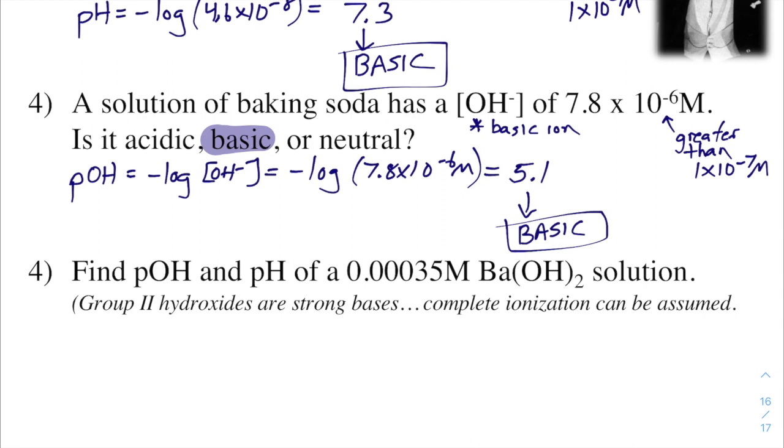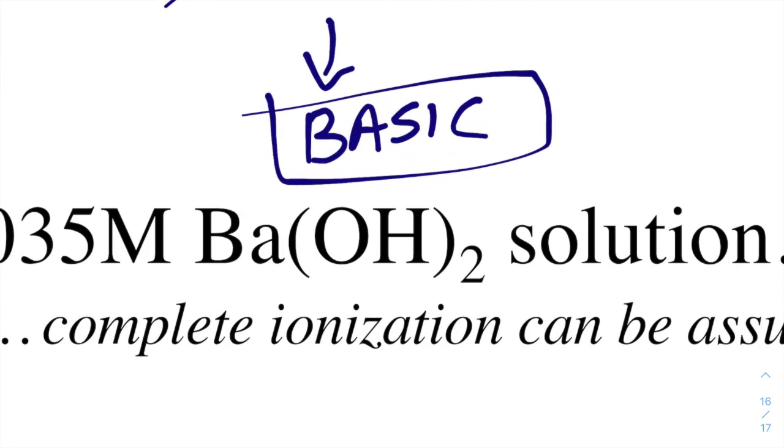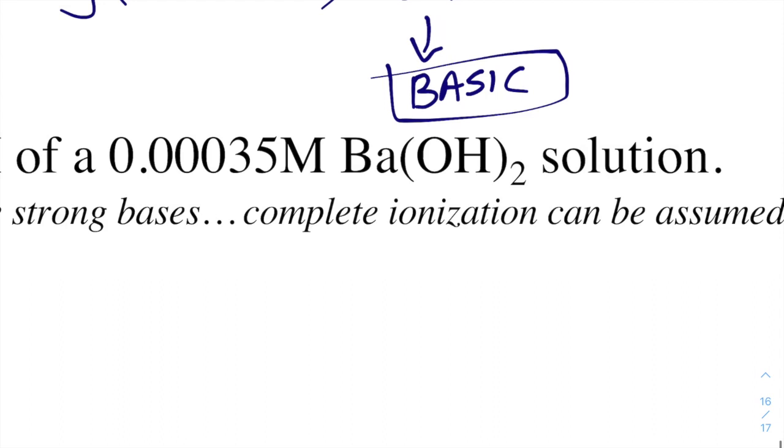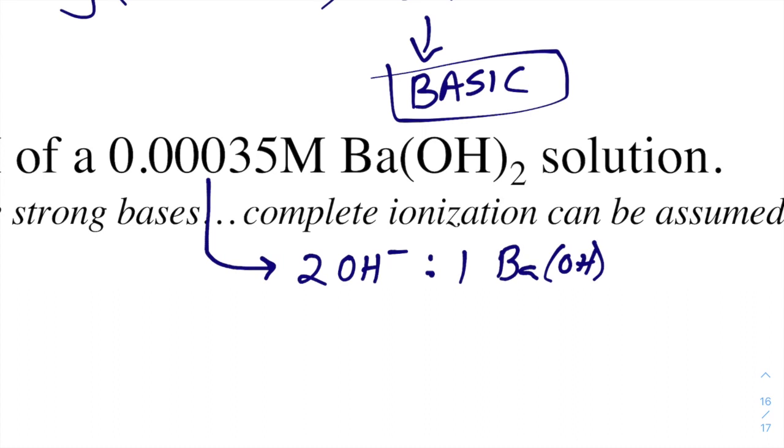When that reacts, if you notice here, you have 2 hydroxides. So while the concentration of the base is 0.00035 molar, you get two OH minuses for every one barium hydroxide, Ba(OH)2.